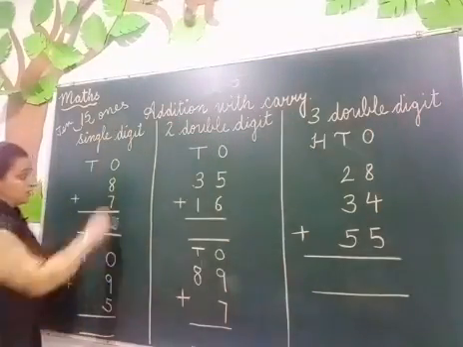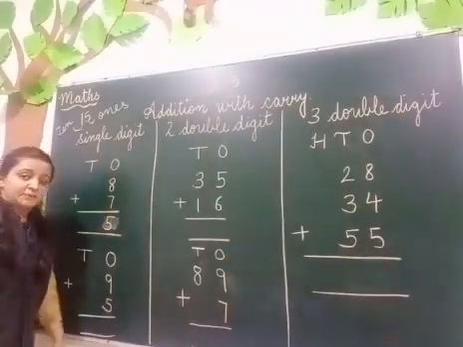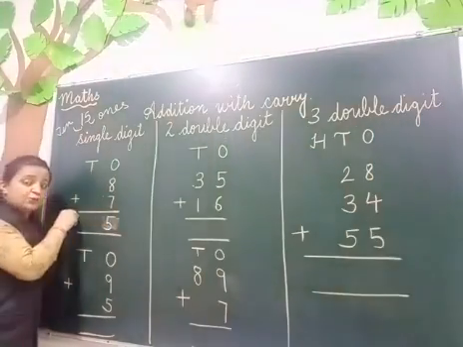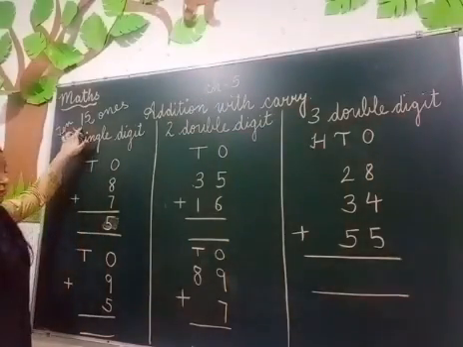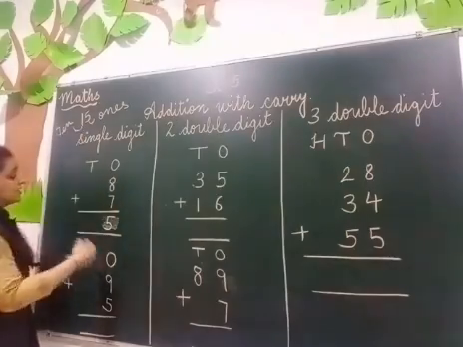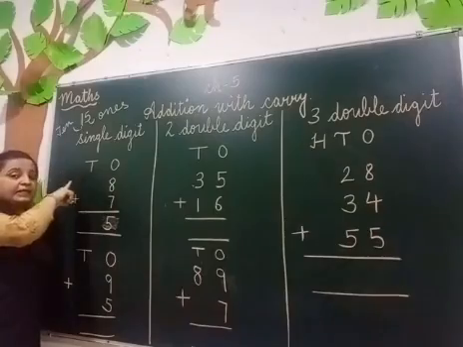So this 5 will not share its place with 1. So this one we will carry to the tens place. This one of 15 we will carry to the tens place. But tens place पे यहाँ कोई digit नहीं है 1 में add करने के लिए.